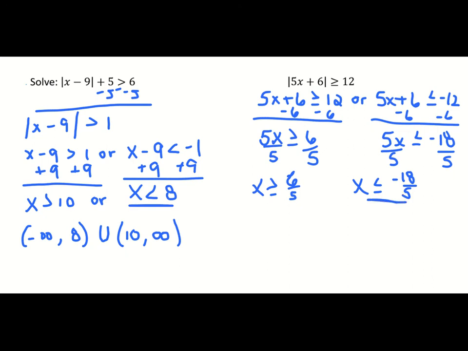So I'm going to use a parentheses, negative infinity, comma, negative 18 fifths, and we'll put a bracket around it because it's included. Or means the U between the two, and then we'll have a bracket with our 6 fifths, comma, positive infinity. And that is it for solving inequalities.